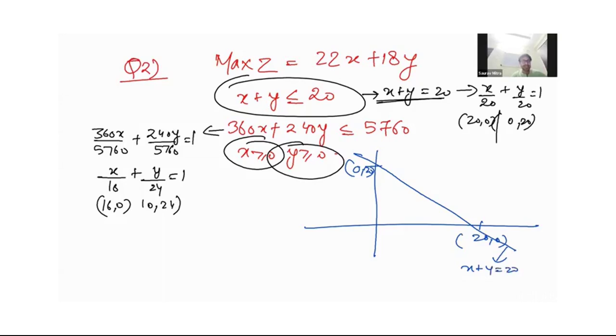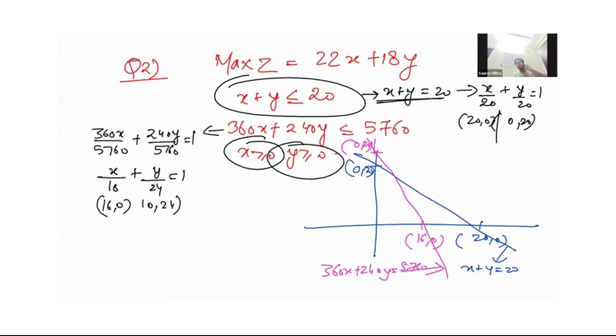Now second, 16 comma 0 is here, and 0 comma 24 will be somewhere here. If you join these two, you will get your second equation, that is 360x plus 240y equals 5760.